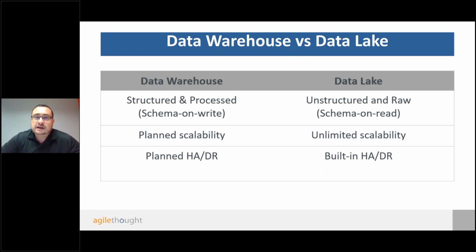In addition to that, in order to scale and have high availability and disaster recovery in a data warehouse, you need to have a plan in place. You need to be able to forecast the growth of your data warehouse, the number of users, the performance, and your SLAs, and plan all that out beforehand. With Data Lake, and specifically with Azure Data Lake, you have unlimited scalability.